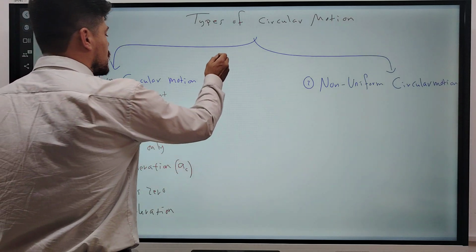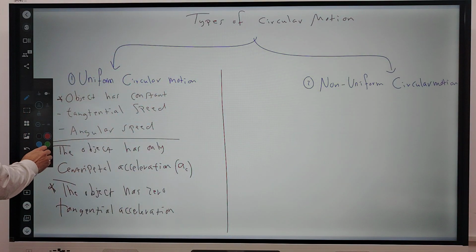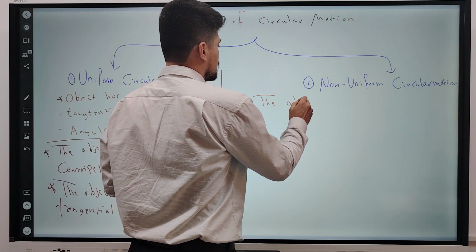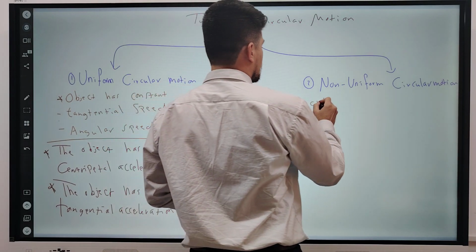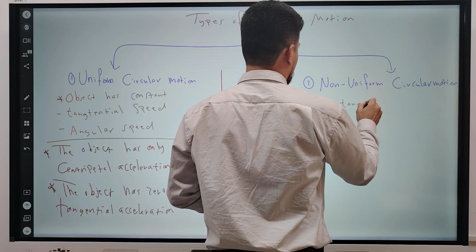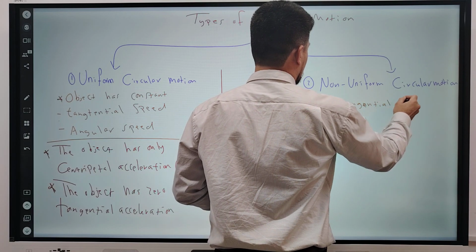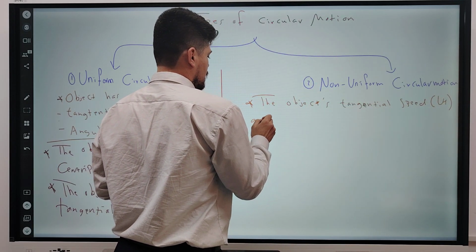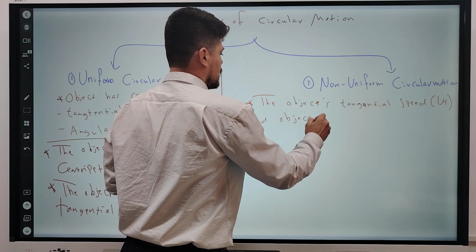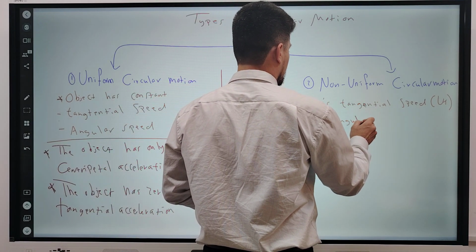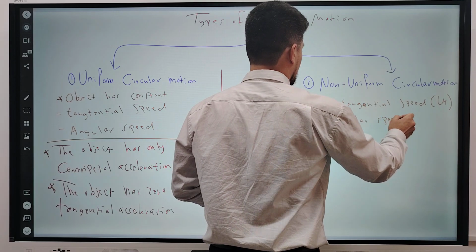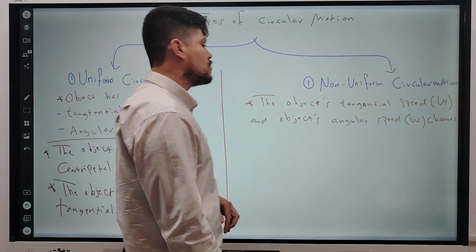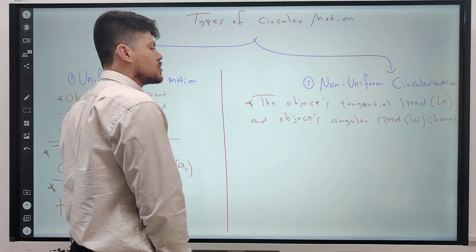But for non-uniform circular motion, the object's tangential speed Vt and angular speed omega change. They are not constant; they change or vary.